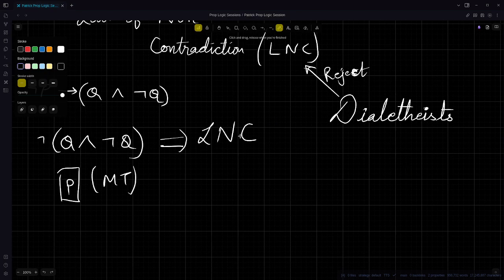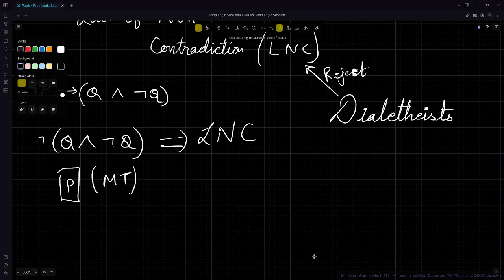But yeah, this is an actual position out there. I just wanted to say that there are dialetheists and they are serious logicians. It's different from sophists, who are dishonest motivated reasoners. This is not that kind of thing.